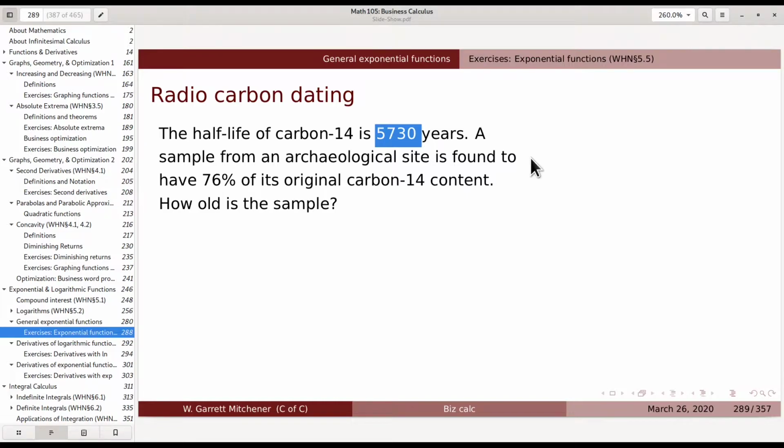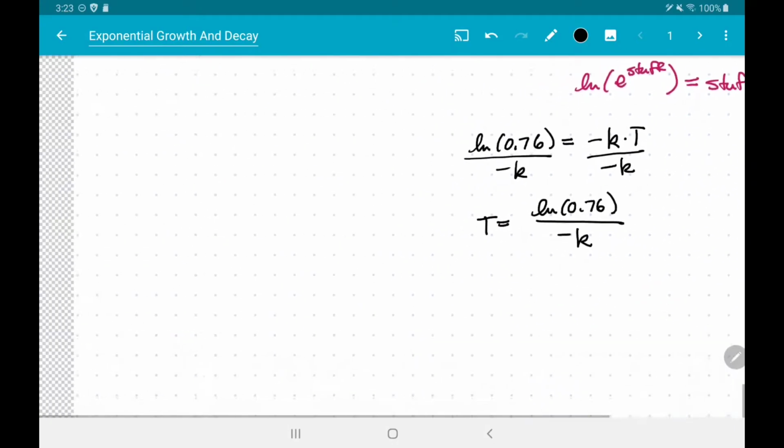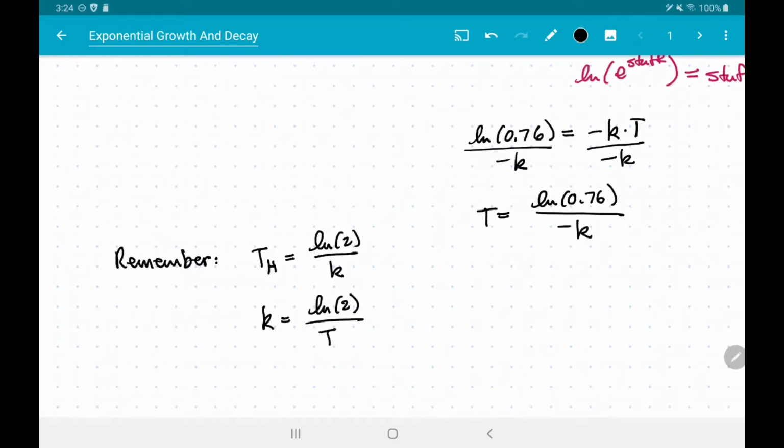So k is not the half-life, but it can be found from the half-life. Remember that the half-life is equal to ln of 2 over k. And you can also write this the other way. k is ln of 2 over the half-life.